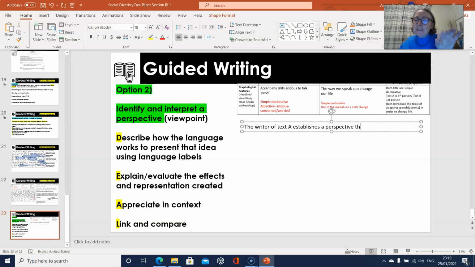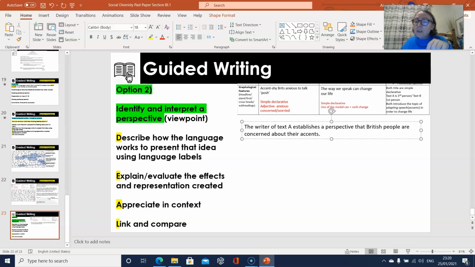The writer of text A establishes a perspective that British people are, what did we say earlier? This accent shy, anxious, what's another word for anxious? Concerned. So the writer of text A establishes the perspective that British people are concerned about their accents. Now, we're starting simple. Remember those sentences I got you to do at the start? This is where these kind of statements are going to be used, or we can reuse them. The writer of text A establishes a perspective that British people are concerned about their accents.